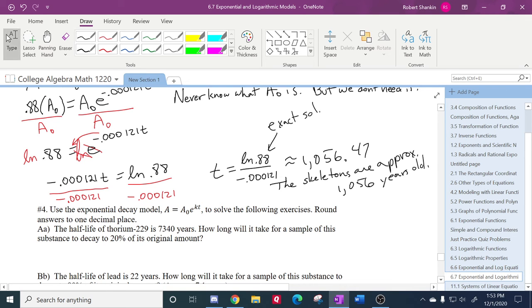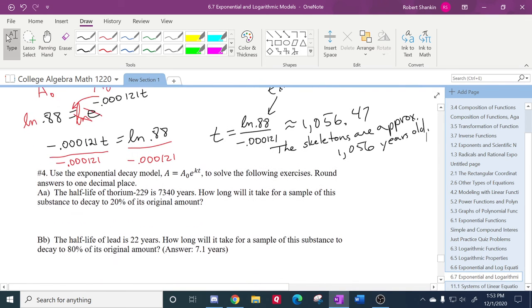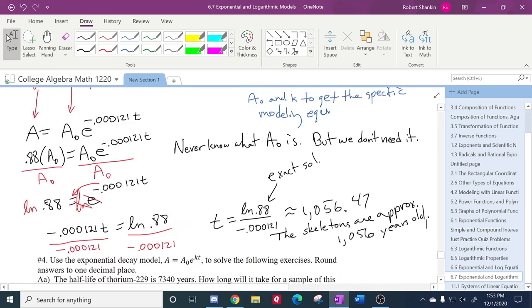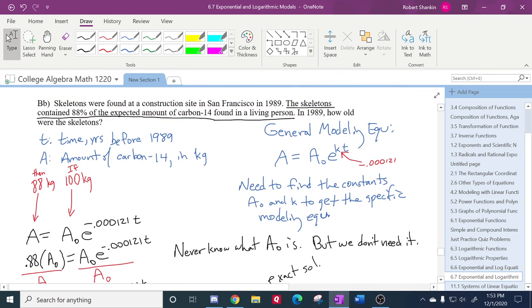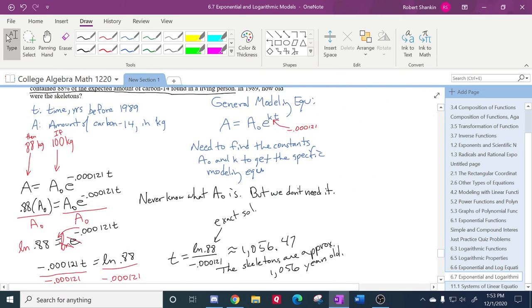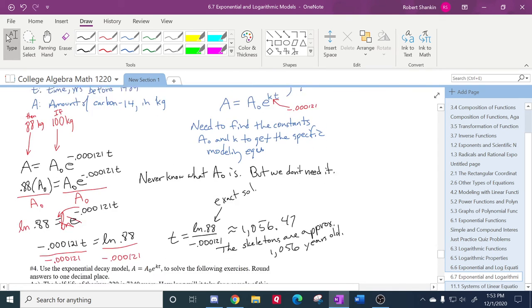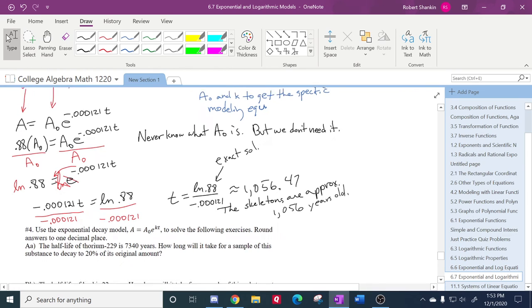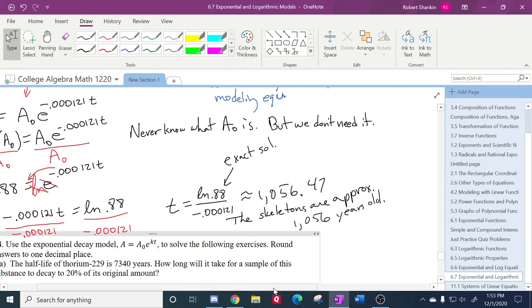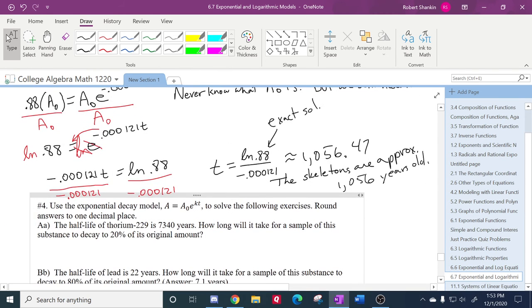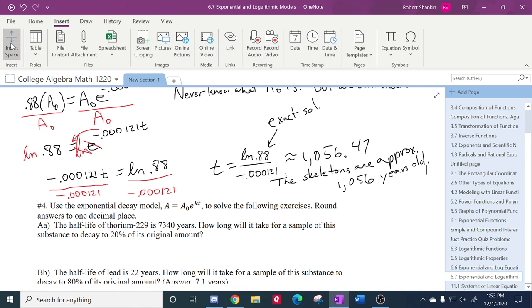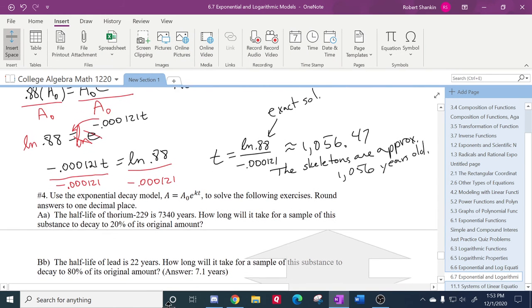All right. And any questions on B? All right, let's go to 4A. And put a bunch of space in between there.